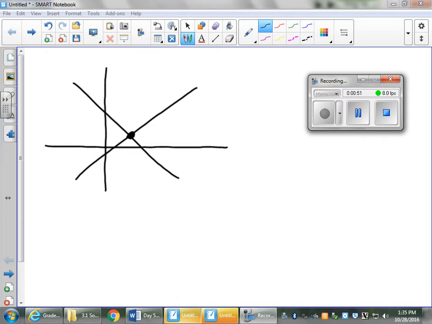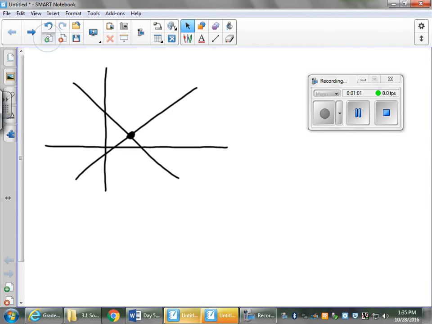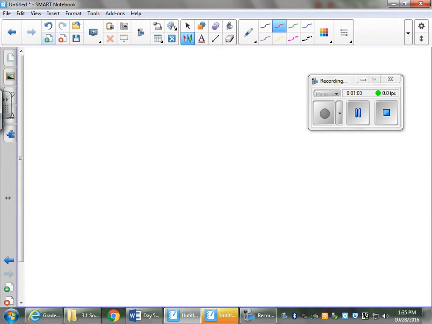So because lines don't always intersect at whole numbers, we need other ways to solve systems algebraically that we're going to learn and review today. The second method is called the substitution method. So we're going to be solving using the substitution method.